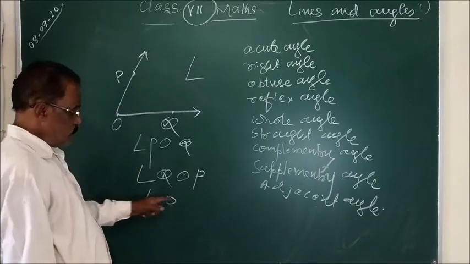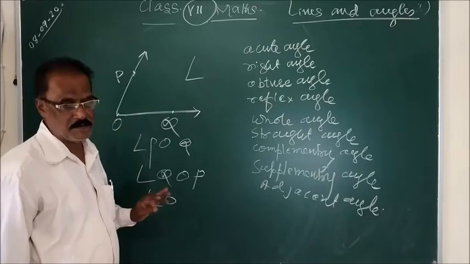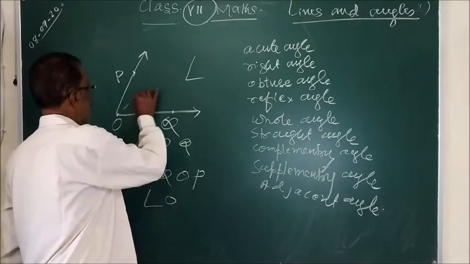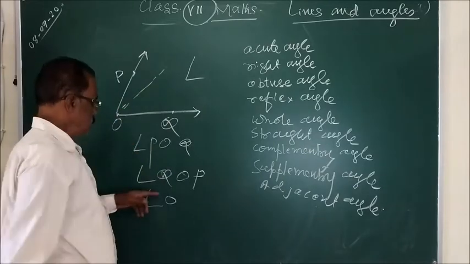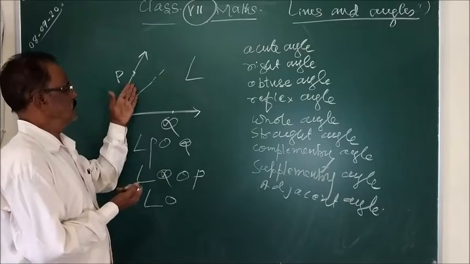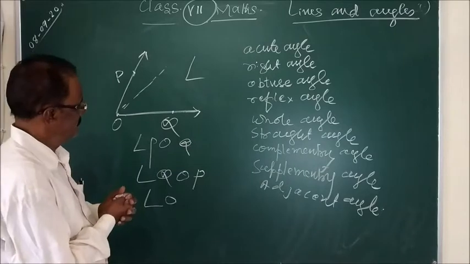But in this short form, it is suitable only if one angle is formed there. And if many angles are formed, suppose another angle is formed here too, then if you say angle O, it is not clear whether it means this angle or the whole angle. How many angles are here? 3 angles.